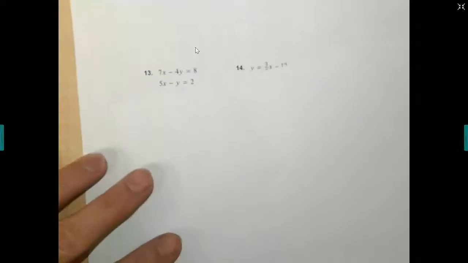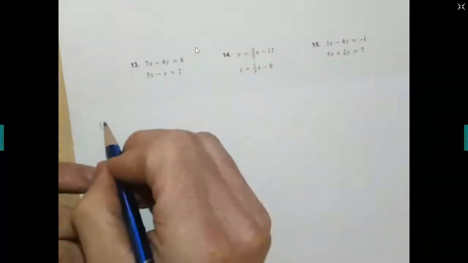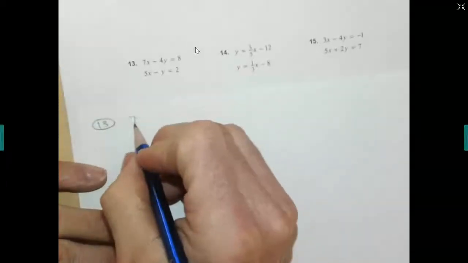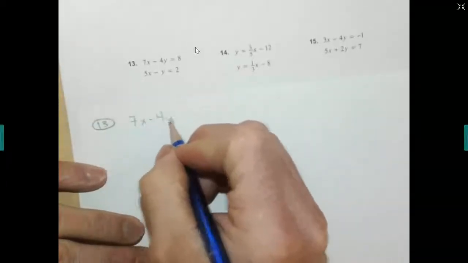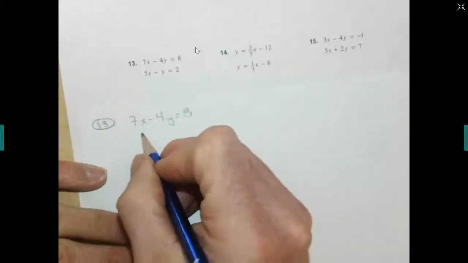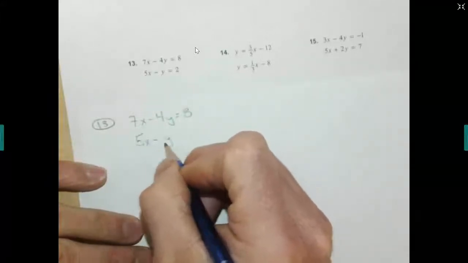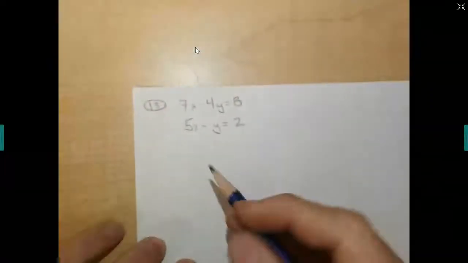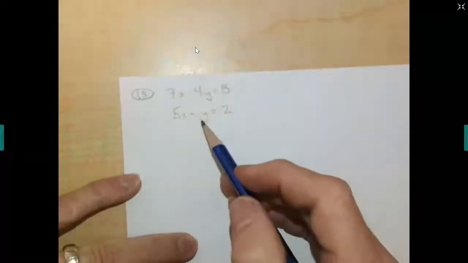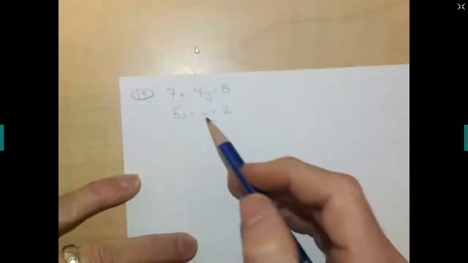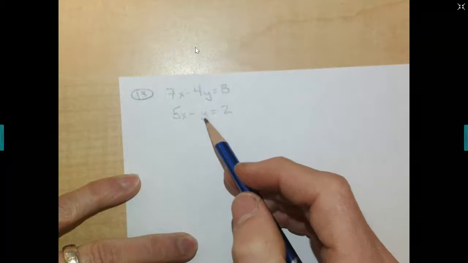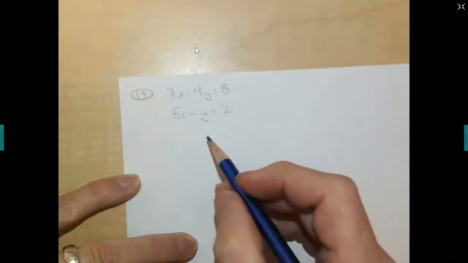Alright. Let's move on to number 13. 7x minus 4y equals 8. 5x minus y equals 2. So, since this has no coefficient, I'm going to solve for y right here.